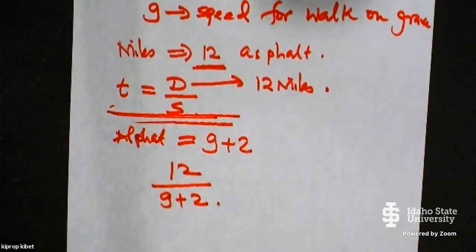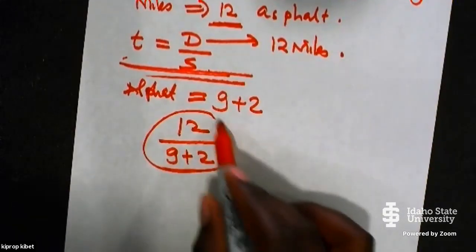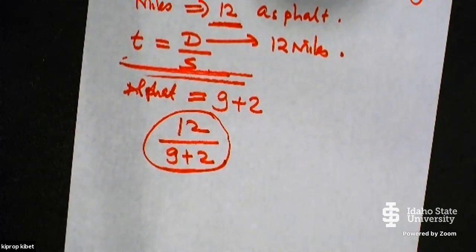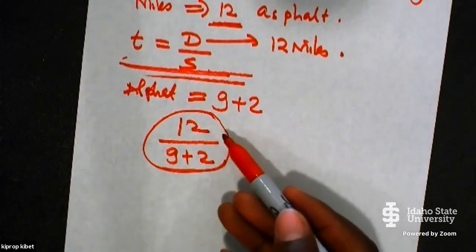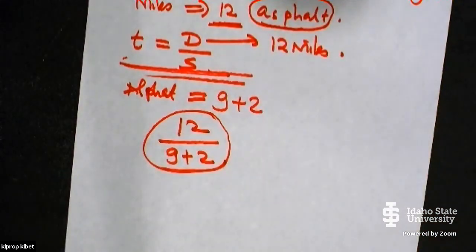Now, the next statement is the work on the gravel took 1 hour longer. So this is the time that he used to work on the alpha.